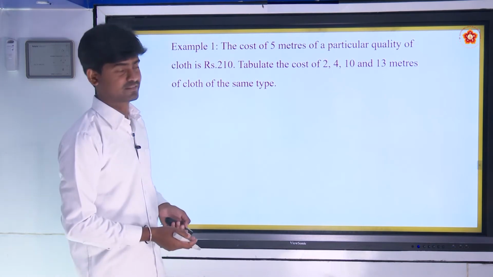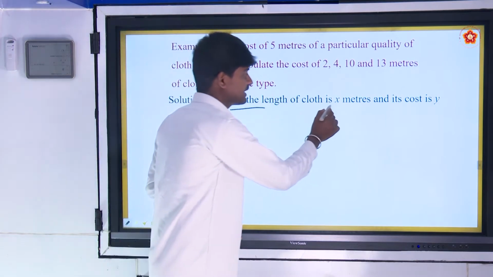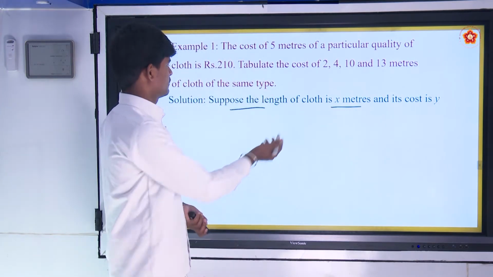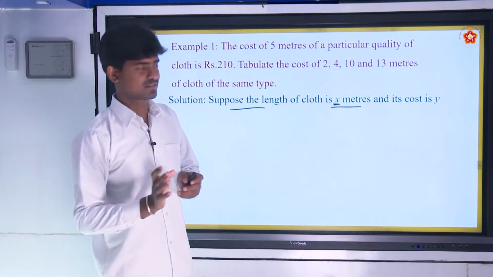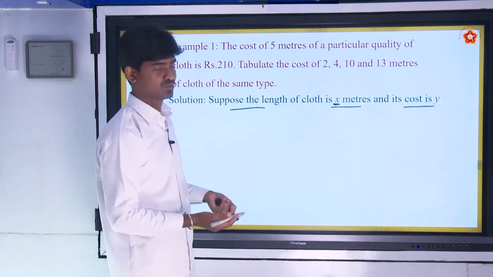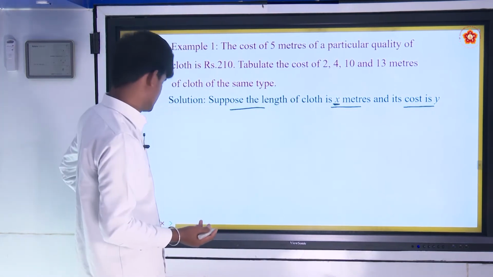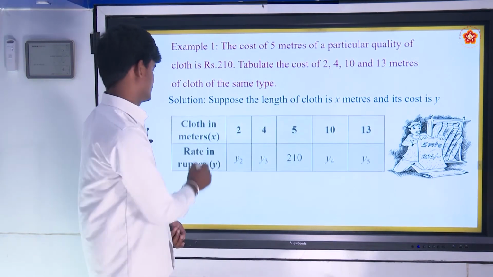Yes, here is the solution. Suppose the length of the cloth is x meters. We don't know, suppose they give 2, 4 like that, it has to be x. And the cost is y. We don't know y, so we take y. Here for 5 meters they gave 210.